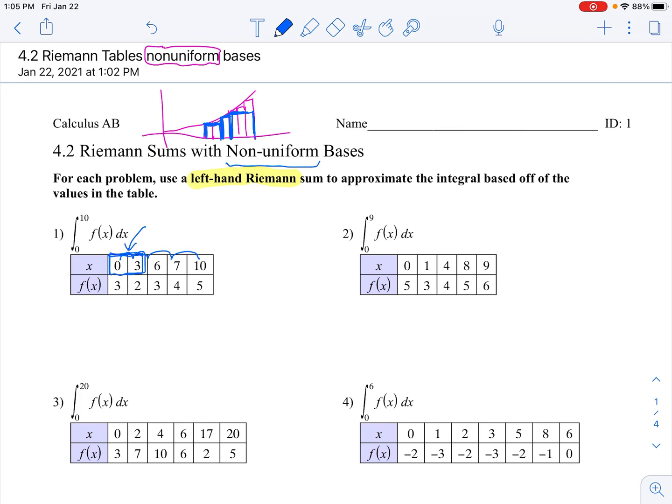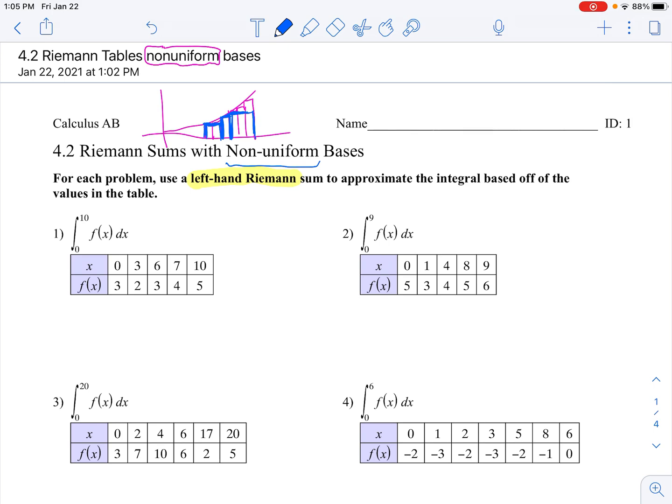What value would we have to use for x to evaluate the midpoint, right? We would have to use 1.5 because that's in the middle of 0 and 3. But this particular table doesn't give us that information. So you will never see non-uniform bases and a midpoint problem together. That just doesn't happen. All right, so that's sort of good news.